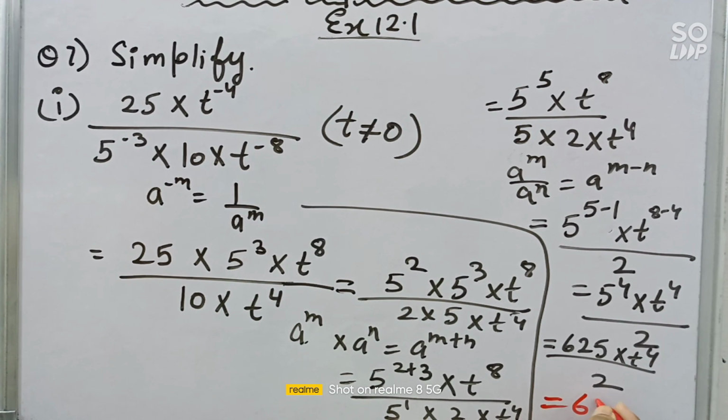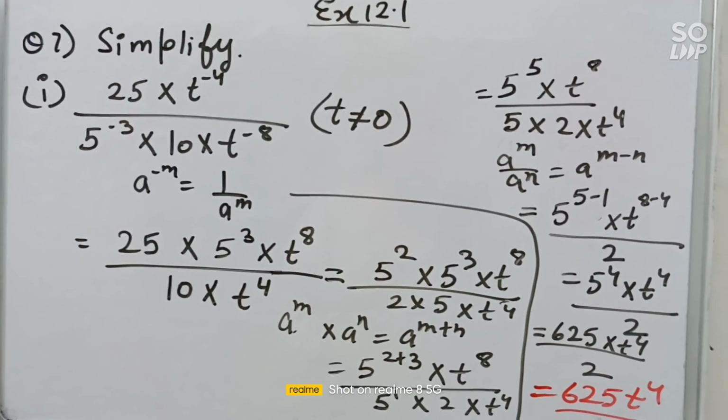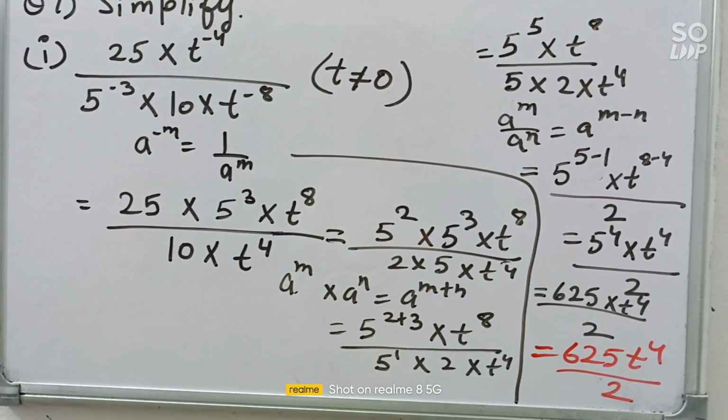Or we can write it as 625 t raised to the power 4 whole upon 2. This is our answer. We cannot solve it further, so we will leave it here. So our answer is 625 t raised to the power 4 upon 2. Alright. So second part of this you can solve it easily. Try it and then we will discuss it later on.